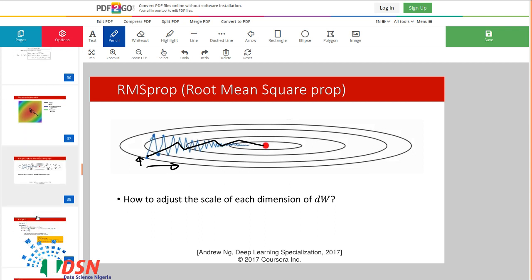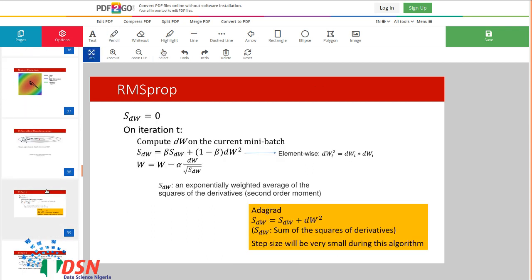Okay, so in RMS prop, we adjust the weights with the element-wise squared of the dW.